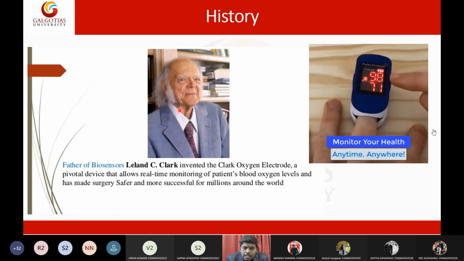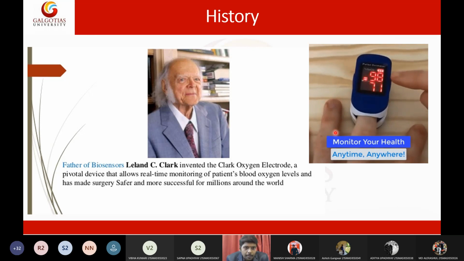Leland C. Clark is regarded as the father of biosensors. He is termed as a pioneer in biosensors, and he is the one who is responsible for the development of the pulse oximeter.